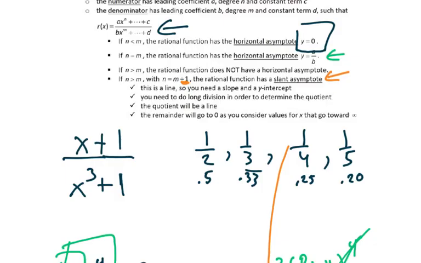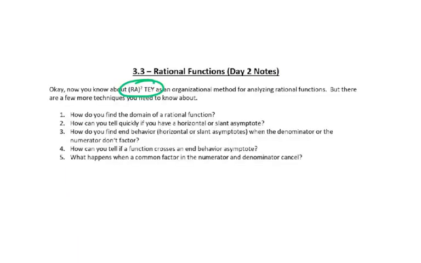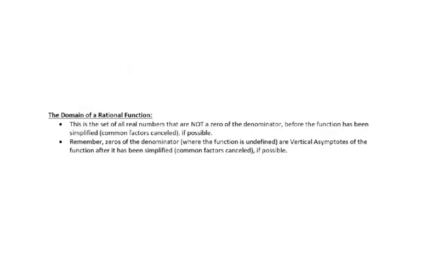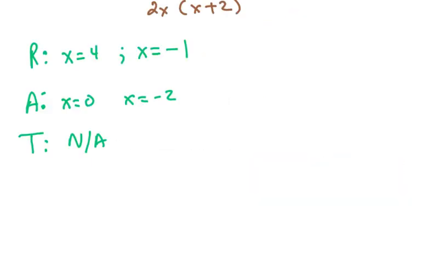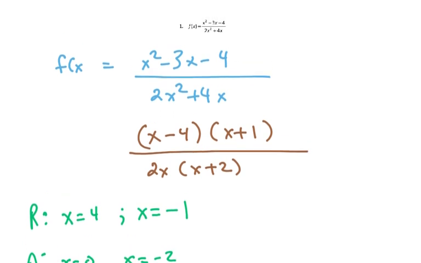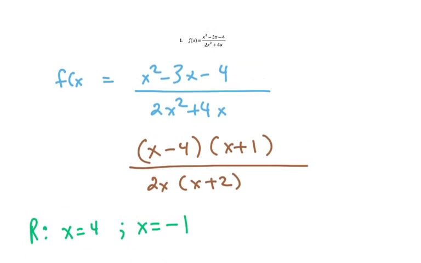Exponent. Okay, so the exponent deals with, sorry, end behavior. So let's look at the end behavior. What you really want is to consider, oops, let me do that again.